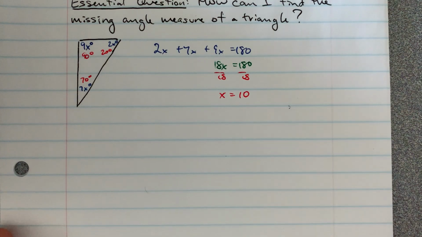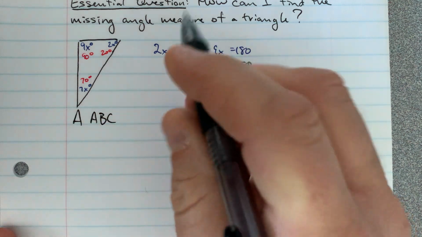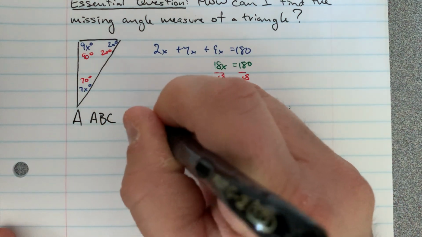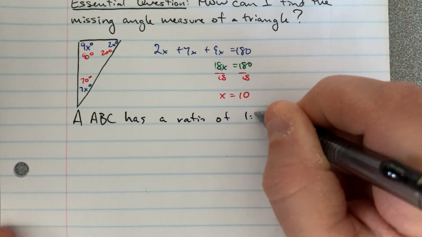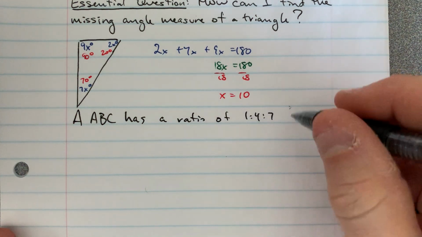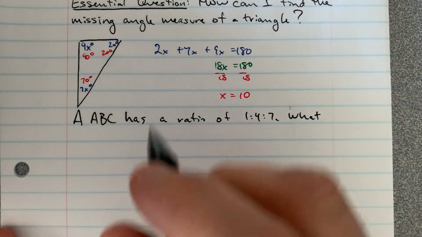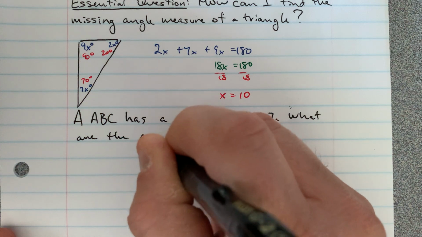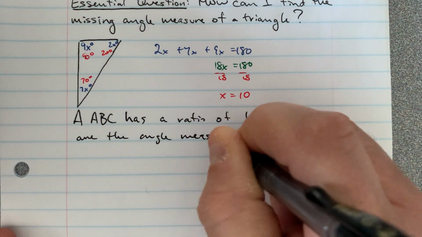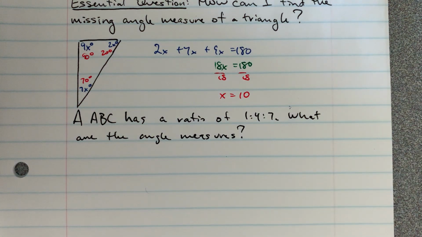They may tell me something like triangle ABC has a ratio of 1 to 4 to 7, and then may ask, what are the angle measures? This is no different than the previous example.